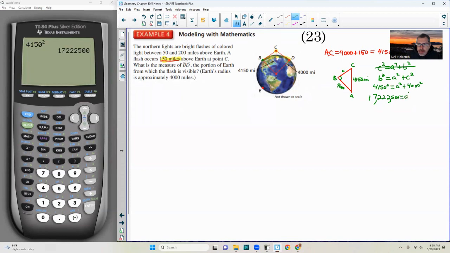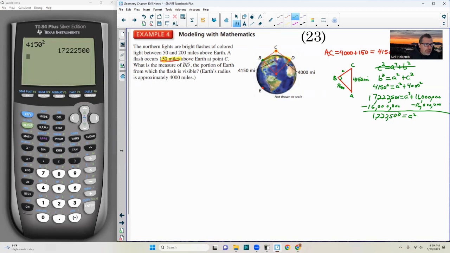17,220,550 equals A squared plus 4 times 4 is 16 with 2, 3, 4, 5, 6 zeros. So 4,000 squared is 16 million. So then when I subtract 16 million from both sides, what do I get? 1,222,500.